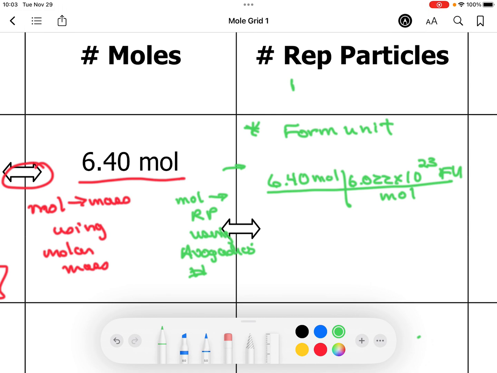And this equals 3.85 times 10 to the 24th formula units. My tail always gets too big on these.